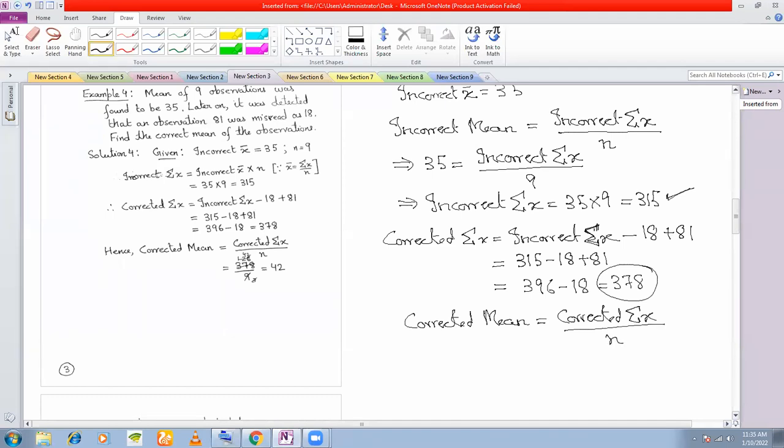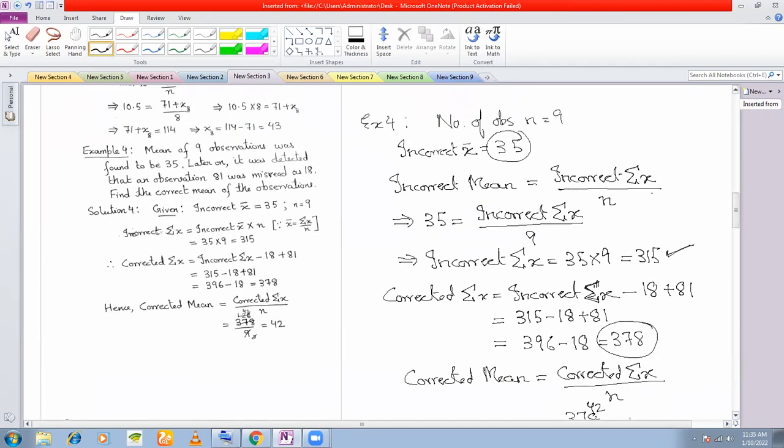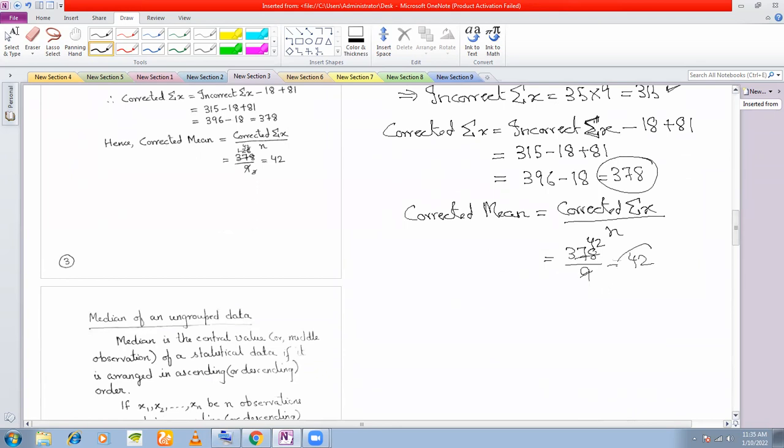You did not miss out any value, so n does not change. So 378 divided by number of observations was 9. And you can cancel this 9 times 42 to get 42. Right? So previously you were getting your incorrect mean as 35. Now you have corrected it and you have now got the correct value of mean as 42. Is it clear?